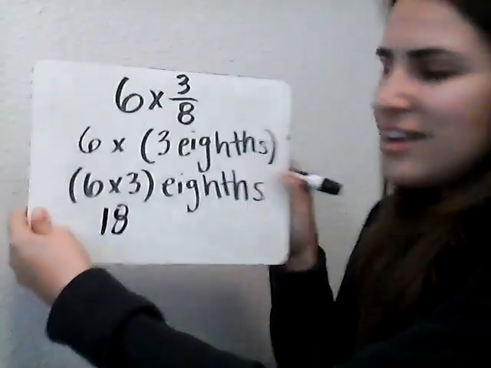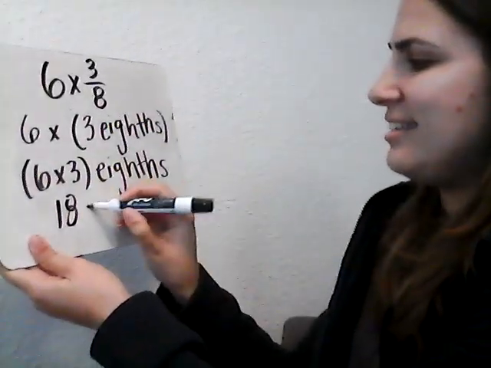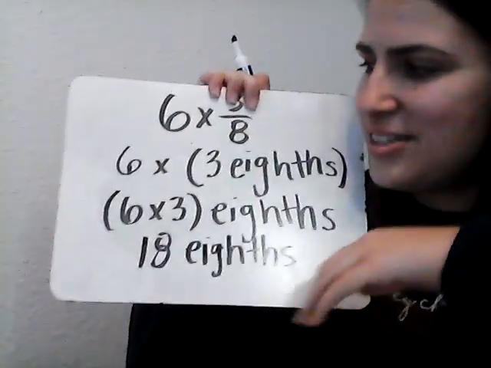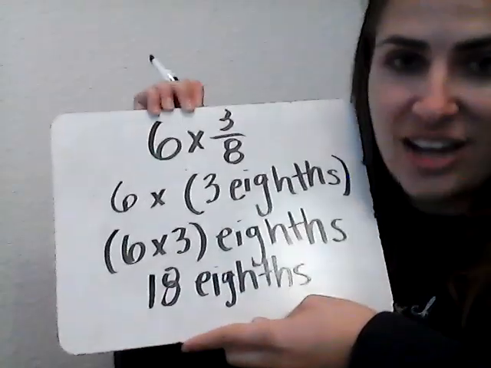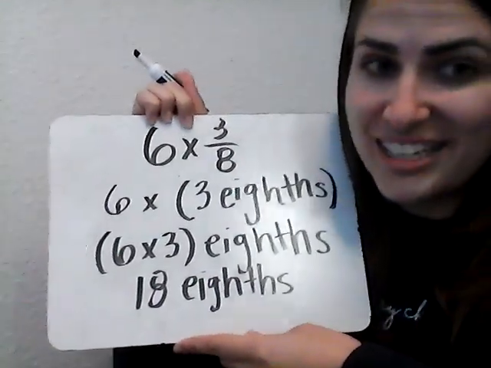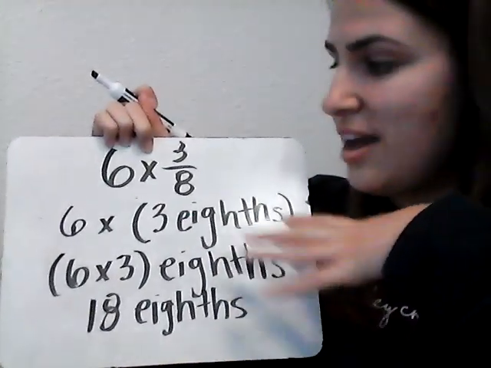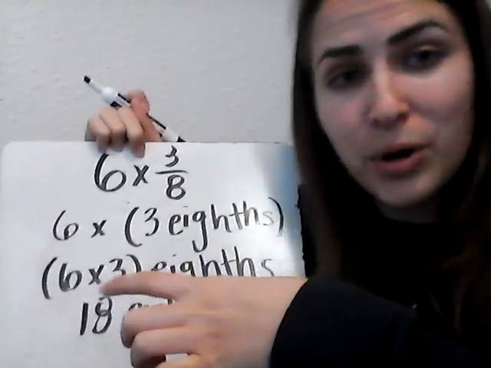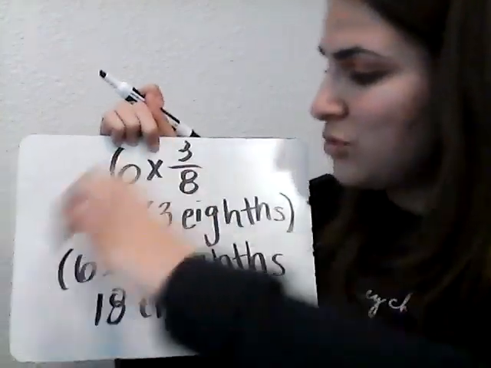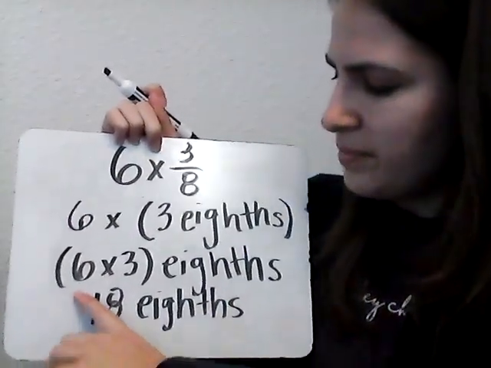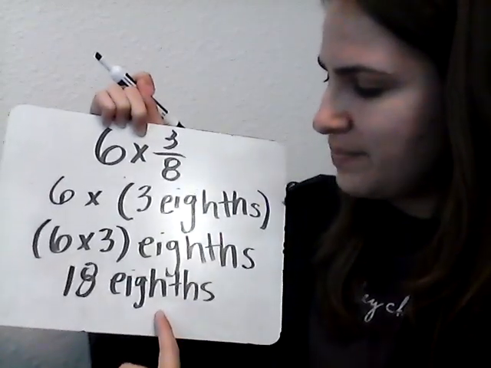And then we know that our unit is 8ths. 18 eighths. Alrighty. Using the associative property, we didn't change the problem at all. We really didn't. We wrote it in unit form, and then we used that unit form, and we incorporated the associative property to change the grouping to make it a little bit easier to multiply. And we got 18 eighths.